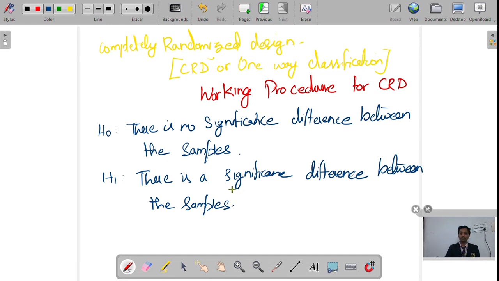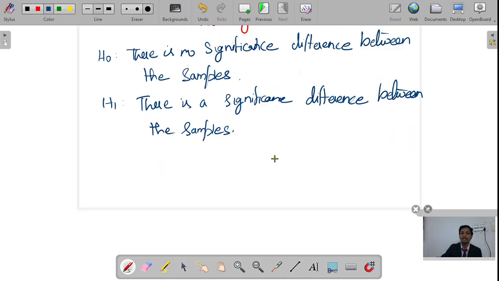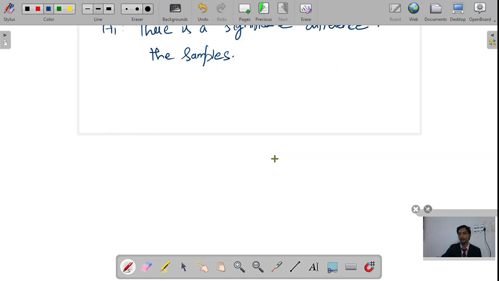After that we move on to the steps. There will be two types of problems we are going to see: one row wise and another column wise.